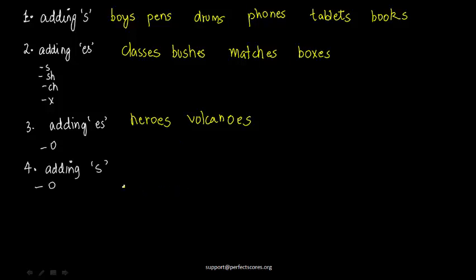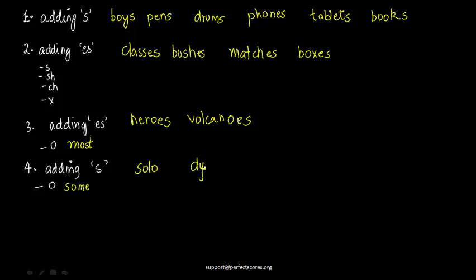Alright, so that is the fourth way. Now you see, you might get confused that even the third one is talking about words ending with O, and even the fourth one. But this third rule applies to most of the words that end with O. Some of the words that end with O can also be made plural by just adding S. Let's have a few examples.